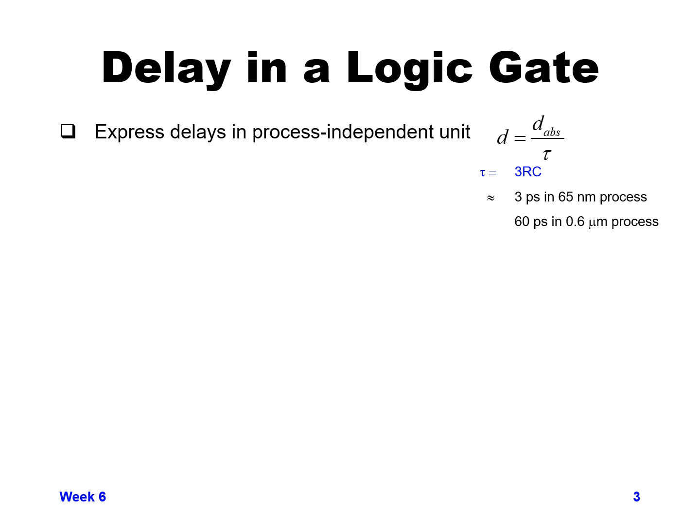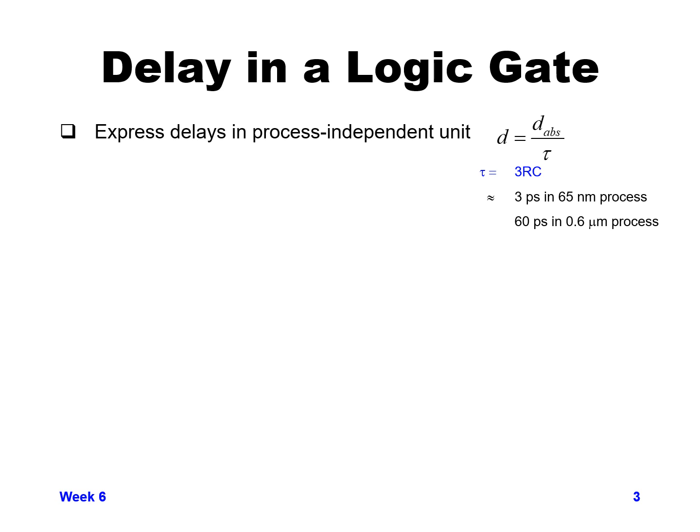So no matter what process technology you're on, the delay through a minimum size inverter with no load is 3RC. And if we use that as our tau value, we can normalize our delay, and no matter what process technology you're on, you can say a D of 1 is one normalized unit, which is a delay for that process technology of 3RC, whatever the delay is through a minimum sized inverter with no load on it.